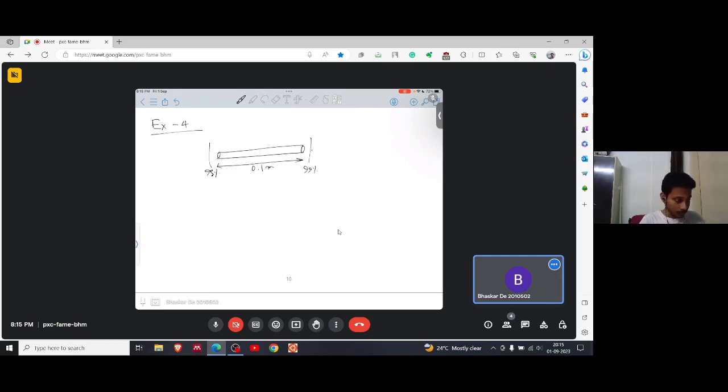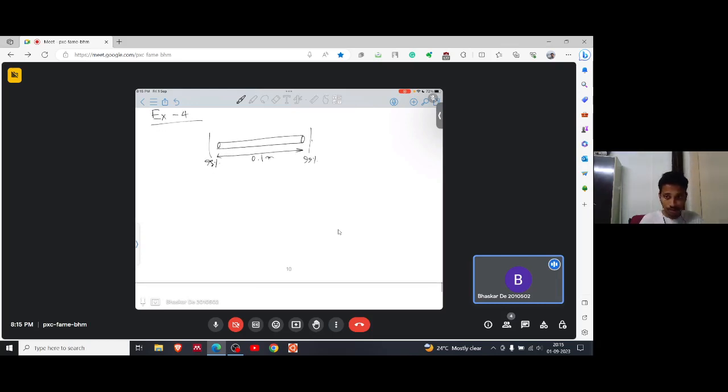So okay, I will just write it down because otherwise people will be confused. Determine the longitudinal mode spacing.